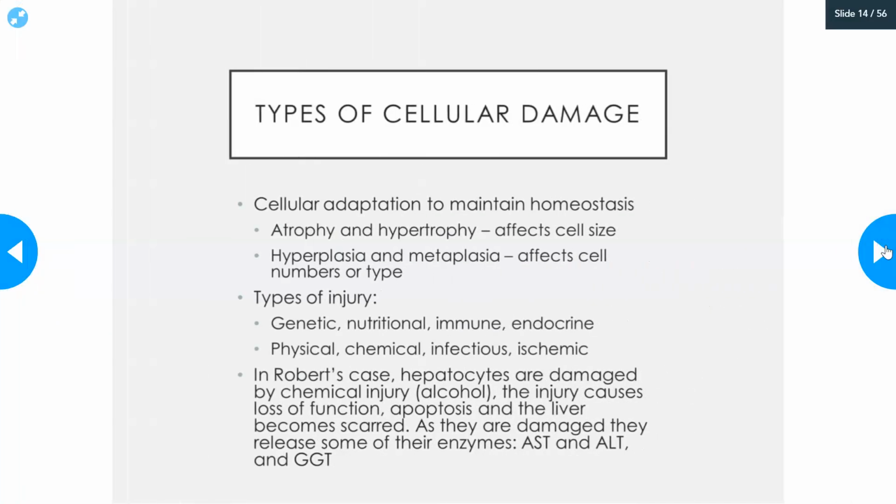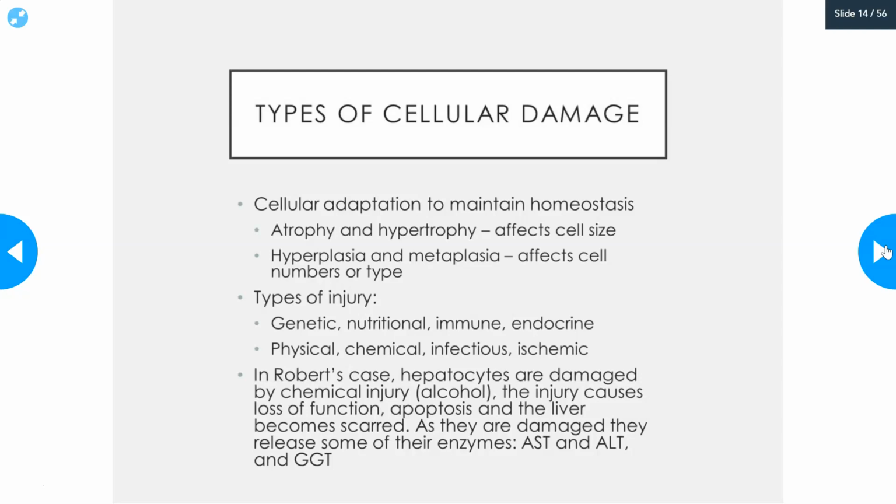So let's talk about the types of cellular damage then. So the cells have adaptations to maintain homeostasis. As we talked about in chapter 9, the cell's job really is to maintain homeostasis in the body, but also just cellular homeostasis. So sometimes atrophy can happen, or hypertrophy.